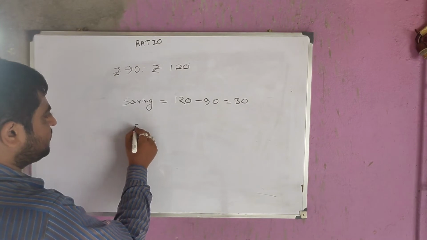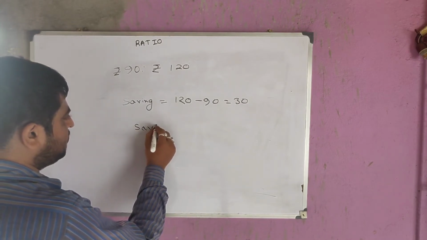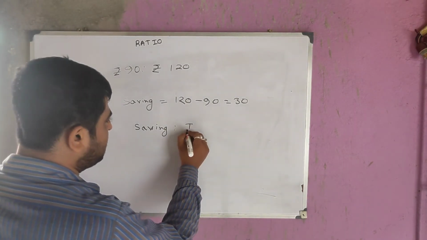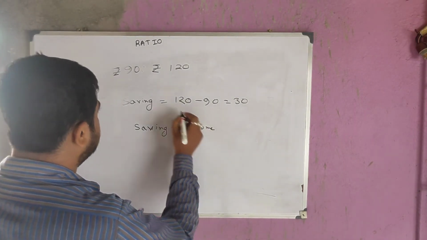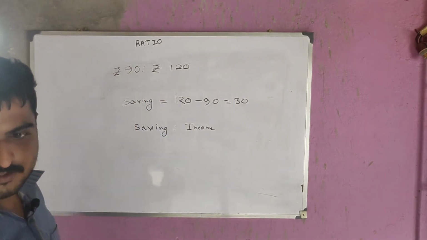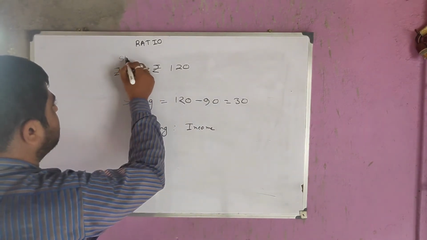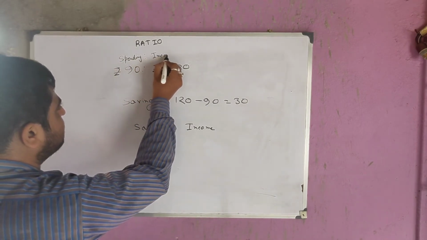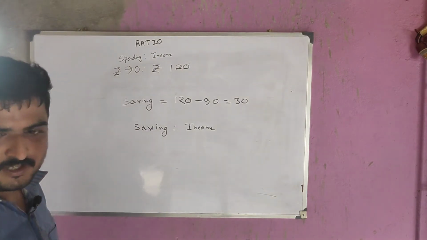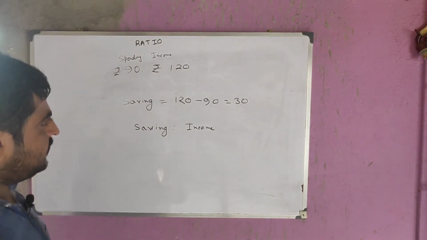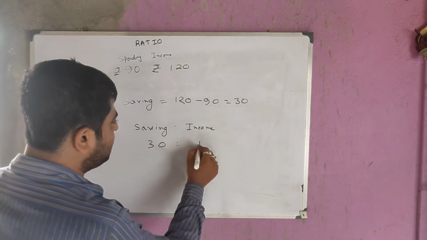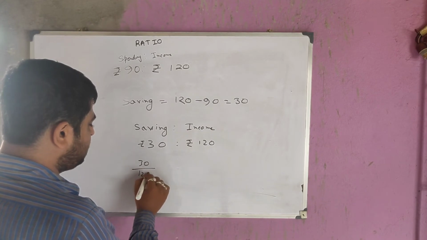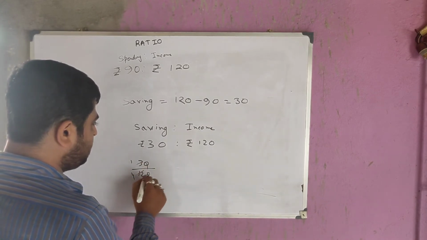So saving to income, saving is to income. So 30 is to 120. So 30 by 120, 1 is to 4.